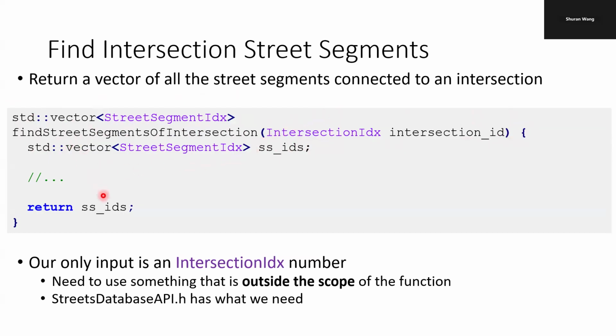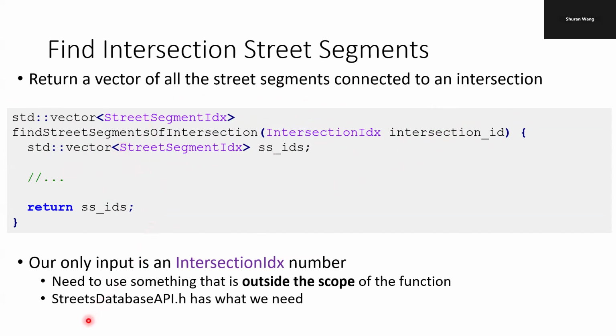So what it does is that it needs to somehow know the data for this intersection, and it should obtain the information for the street segments connected to this intersection, and it should somehow return the street segment IDs in the vector.